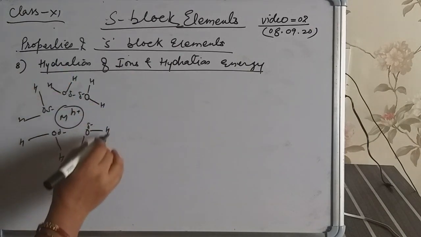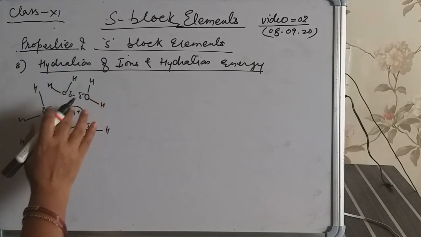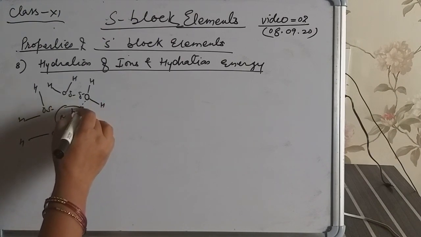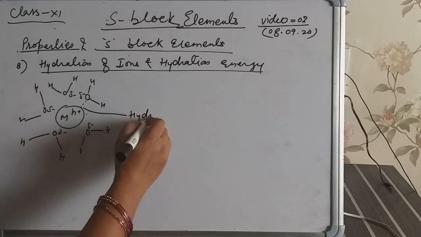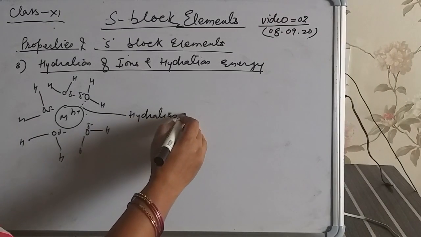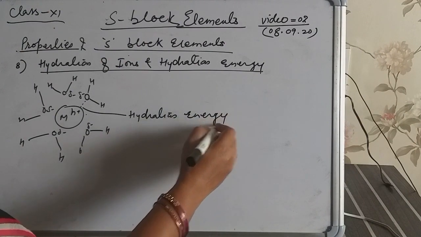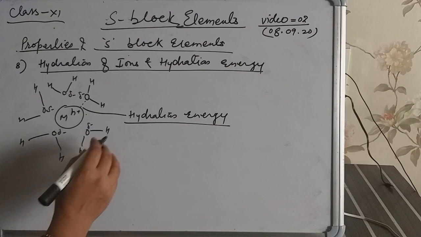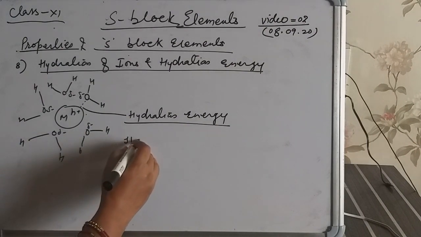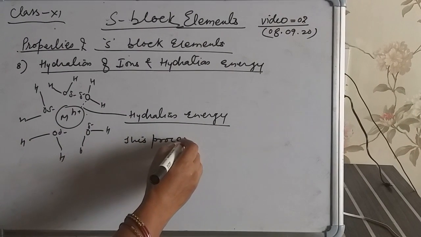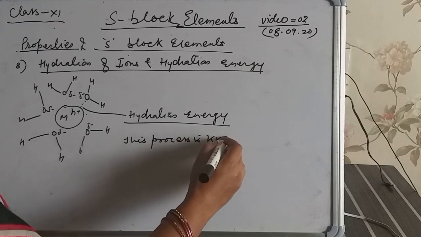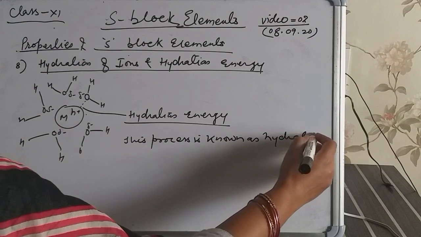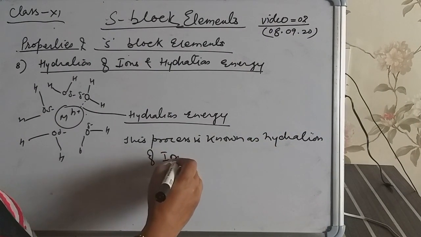The force of attraction developed between the metal ion and the water molecule, and the energy released, is known as hydration energy, and this process is known as hydration of ions.